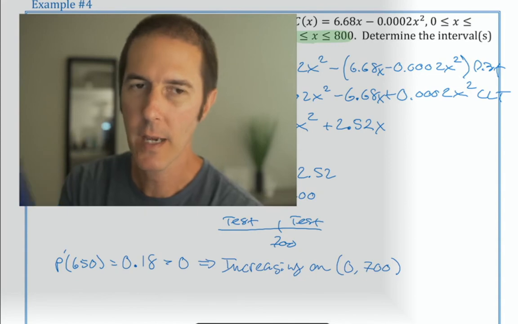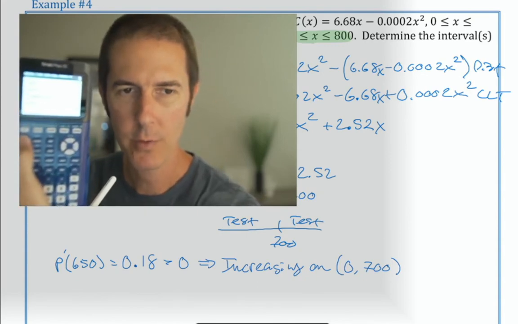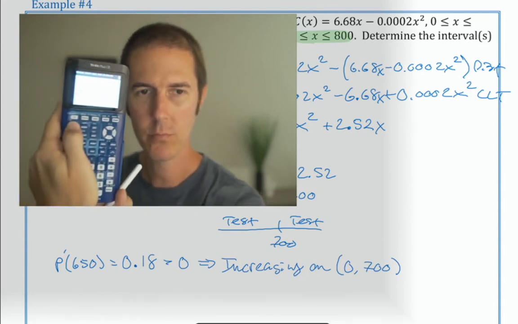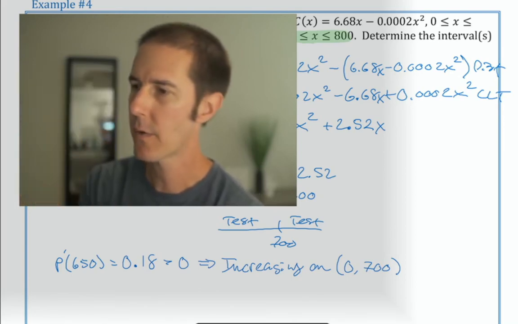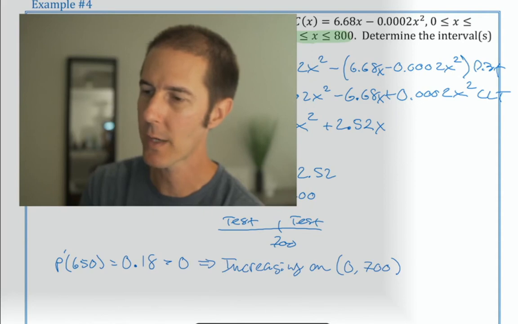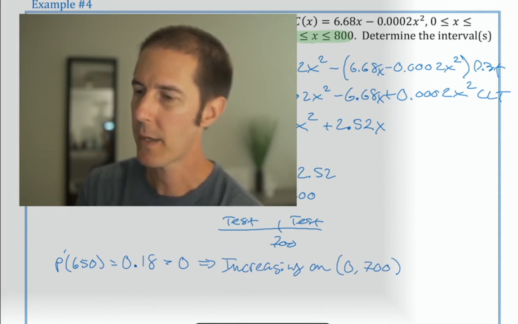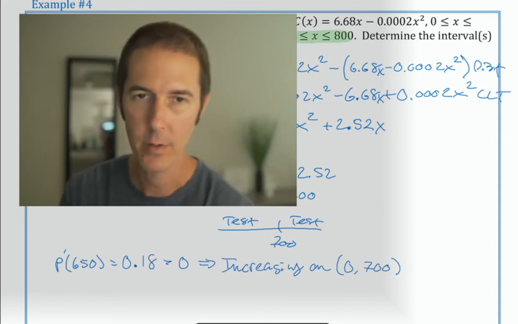And now I hit the second button, which is in the top left corner, right up here where my thumb is. Second, enter in the bottom right, and then second enter again. Now I see my equation there with the 0.003x plus 2.52. I hit enter, and I get negative 0.18.